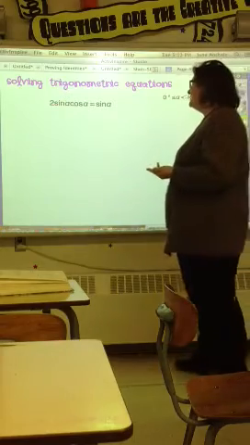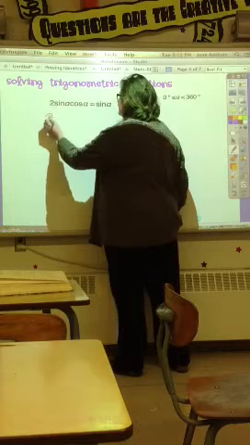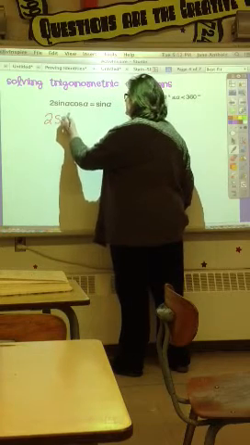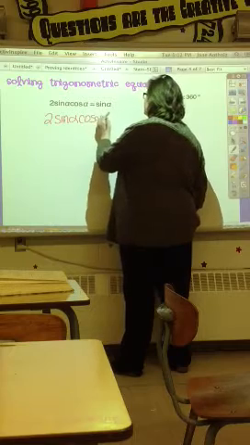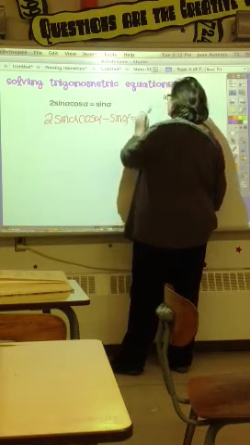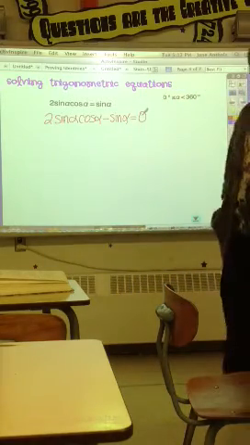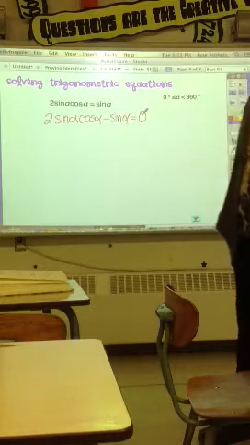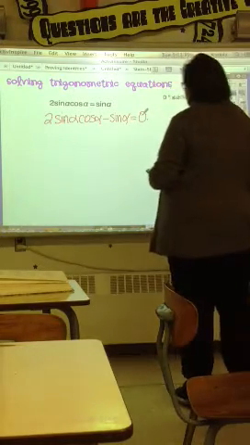So what I probably want to do is try to see if I can pull everything to one side and get it set equal to 0. Because if I can get it set equal to 0, and if I can in some way factor, then I can use zero product property.